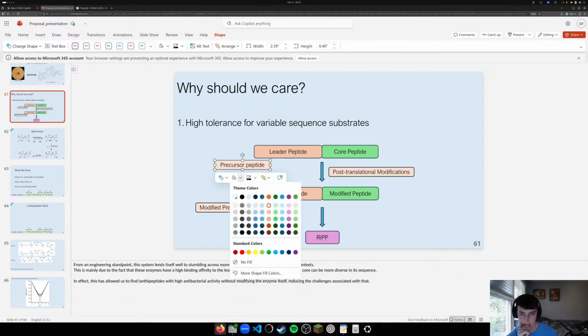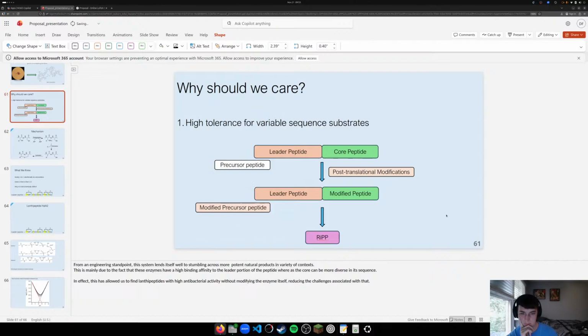All right, I think I'm gonna do a no fill here, or I could do white. This looks good.